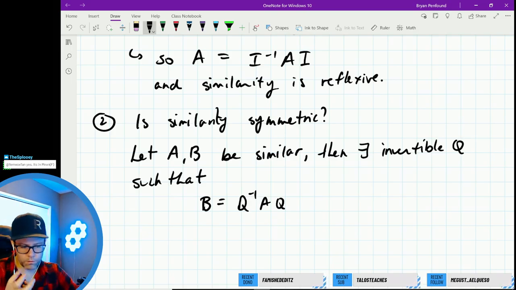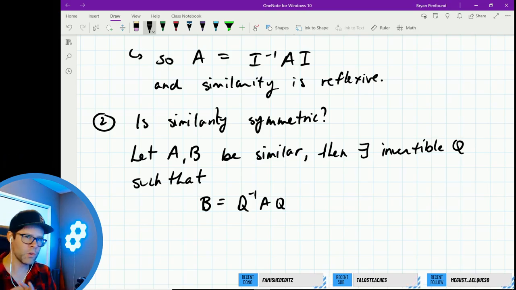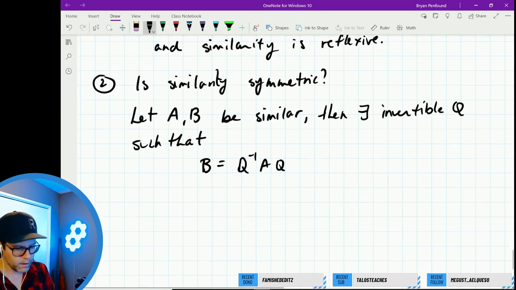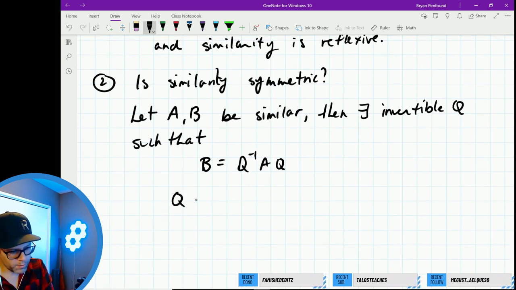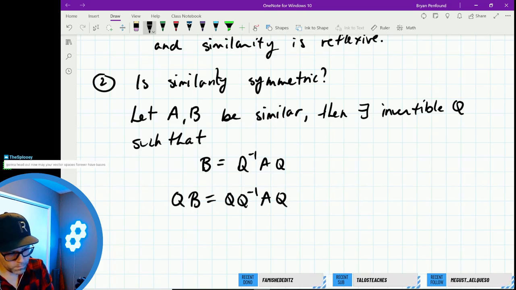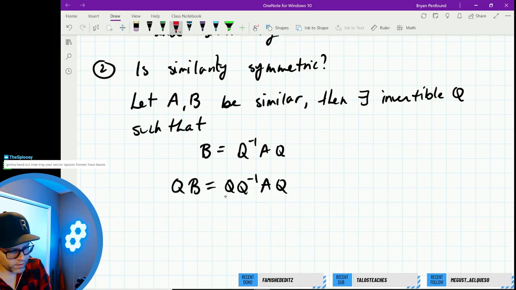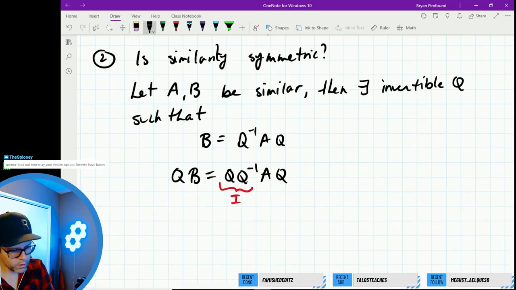To think about whether or not A would be similar to B, we want to do some manipulation to isolate A on the right-hand side. The first thing we can do is multiply both sides by Q. That should give us the identity matrix here, which we won't write down. So basically we have that QB should be equivalent to AQ.